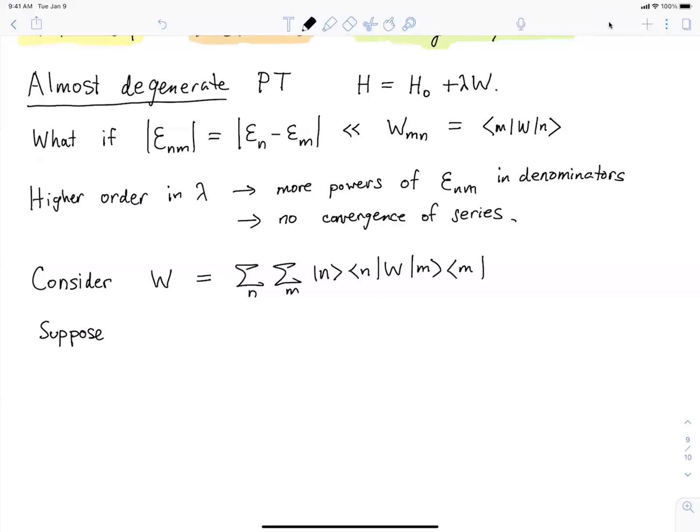So I'm going to denote that subset of states that are almost degenerate by giving them an extra subscript, K. Suppose that subset have very close energies, curly E sub N sub K. These are the almost degenerate states.